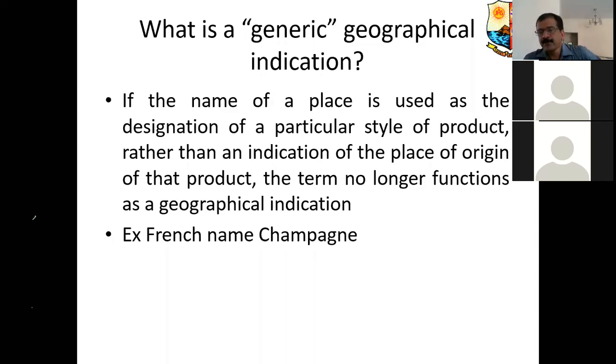So if you say champagne of America is equivalent to French champagne, it is not correct. Champagne of America came because of the generic name. French champagne has got GI. Therefore, if generic names are associated with the GI names, then the law cannot protect that.